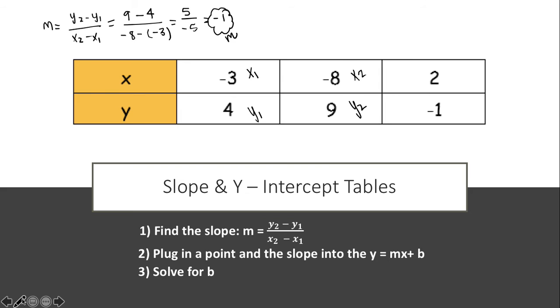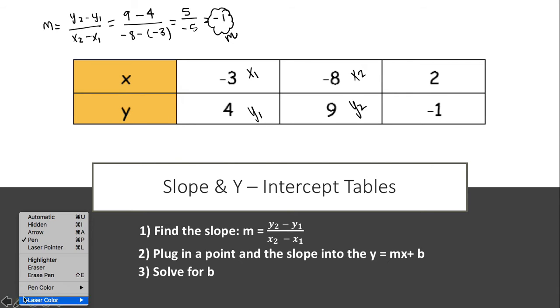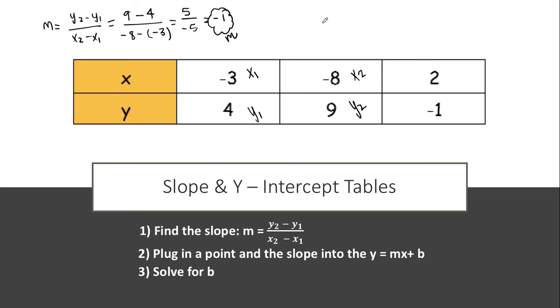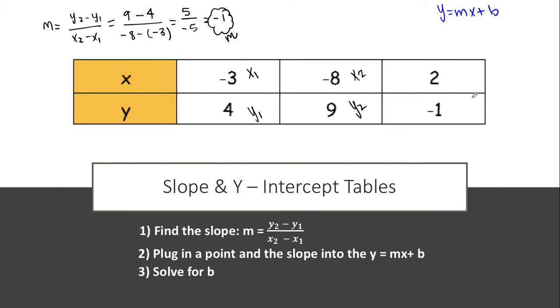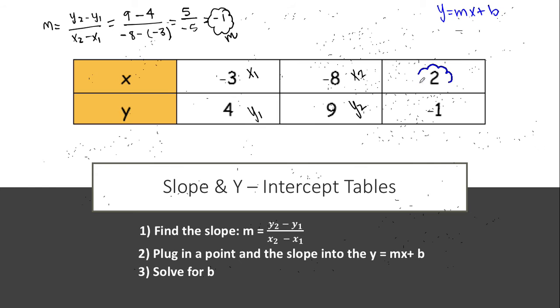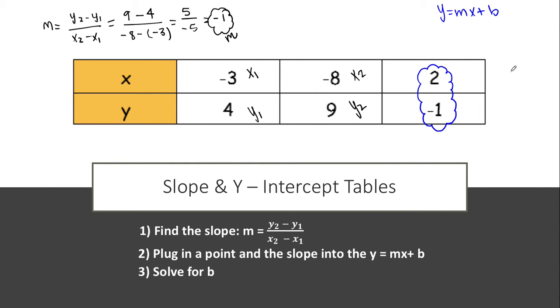Remember, guys, you can always pause the video and rewind if you didn't understand something. Now let's find our y-intercept. To find our y-intercept, we plug what we know into our equation y equals mx plus b. I'm going to pick a random point. It doesn't matter what point I pick, it just has to be a couple. I know an x value, I know a y value, I know the slope.